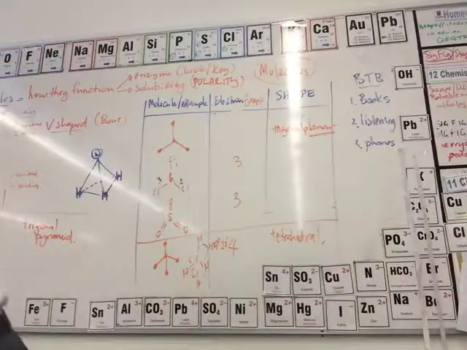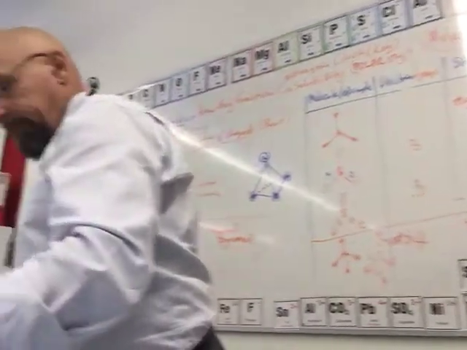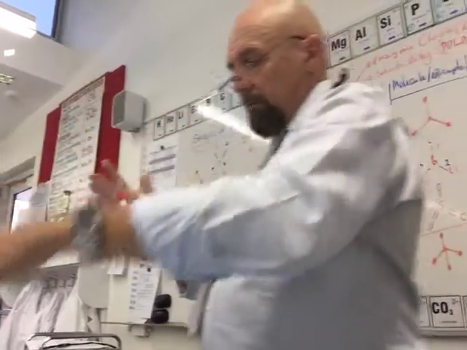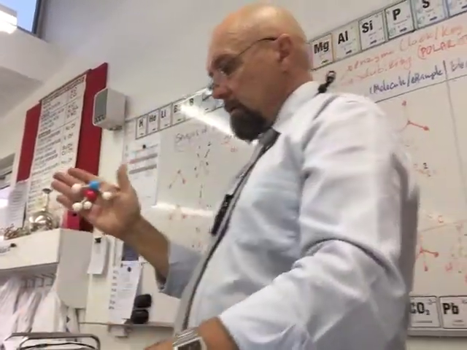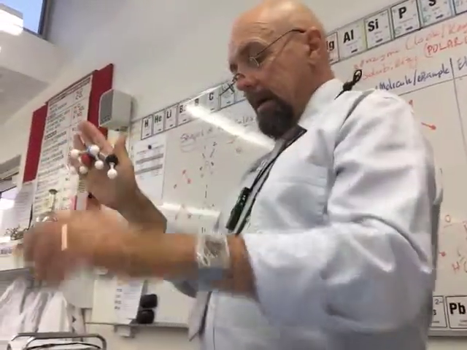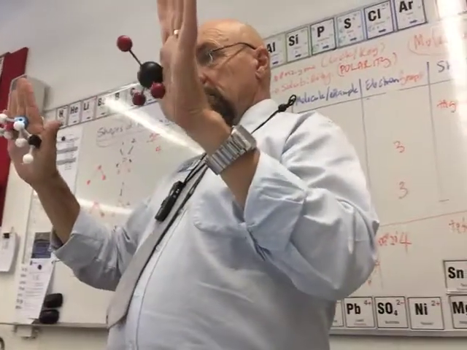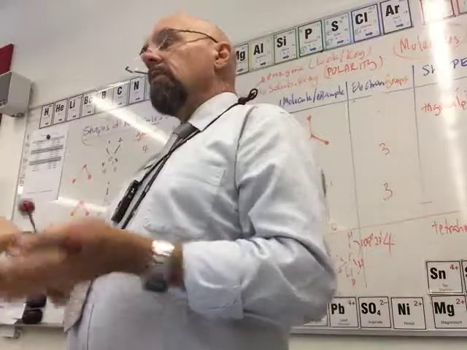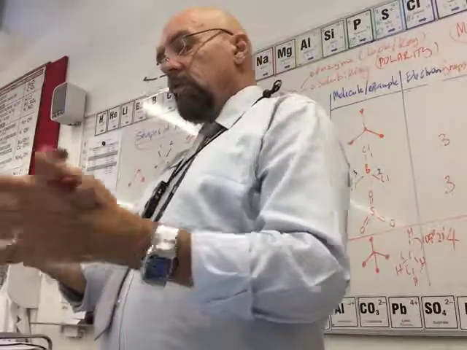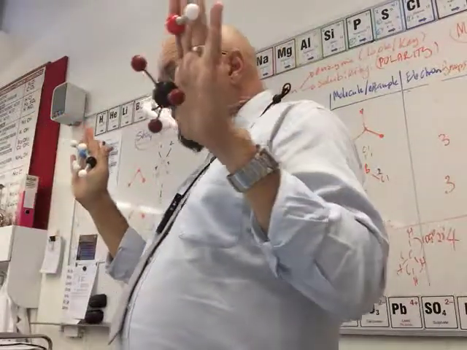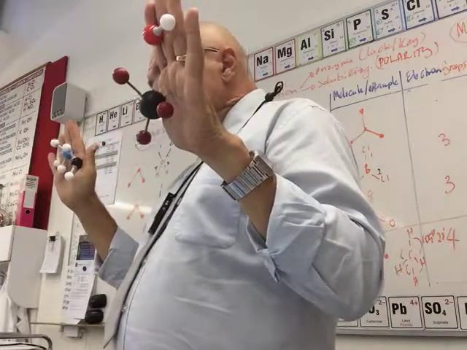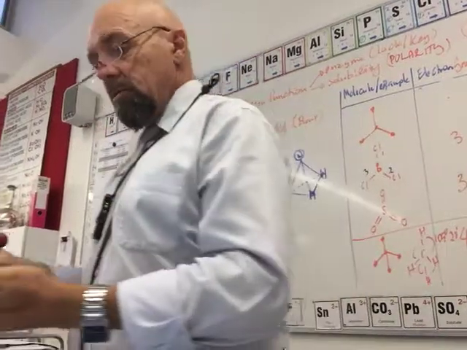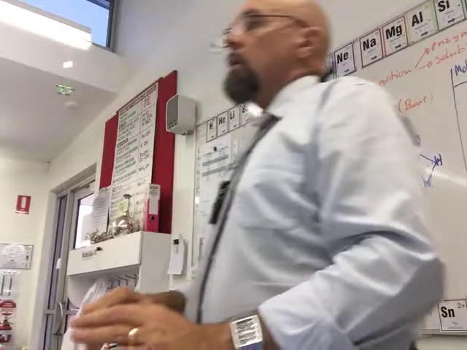So we've got linear, V-shaped, trigonal pyramid, trigonal planar, and then tetrahedral, okay? You can hold them in 2 hands virtually, alright? So all 5 shapes of molecules is what we need to understand. Once we've got that, you can go ahead and do pharmacy and do all sorts of special things, okay?